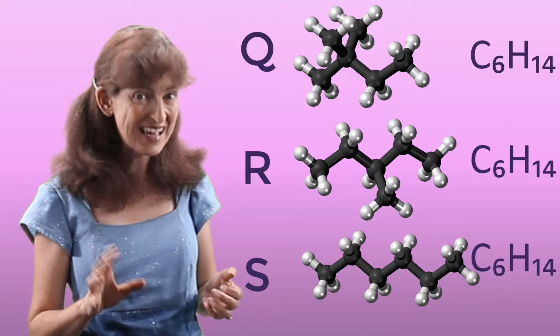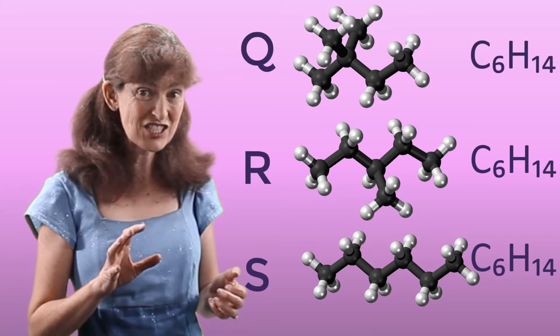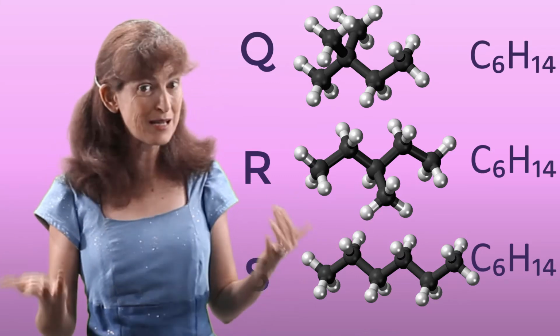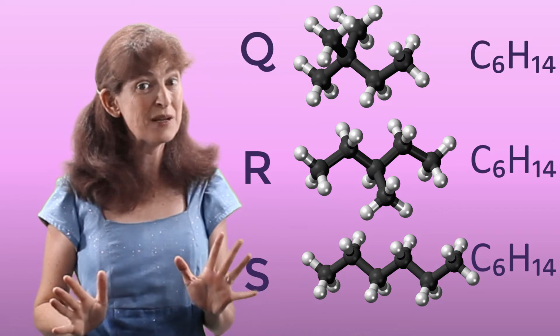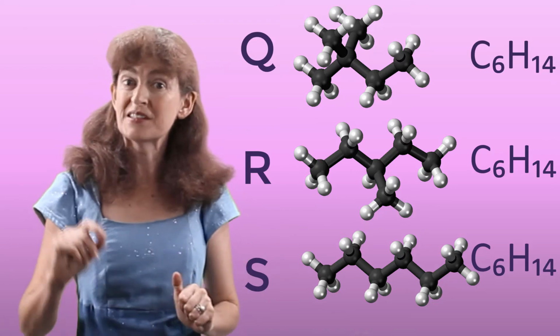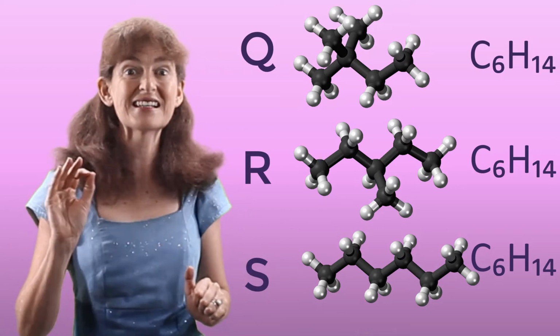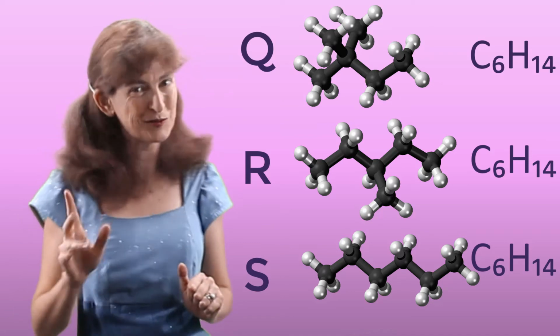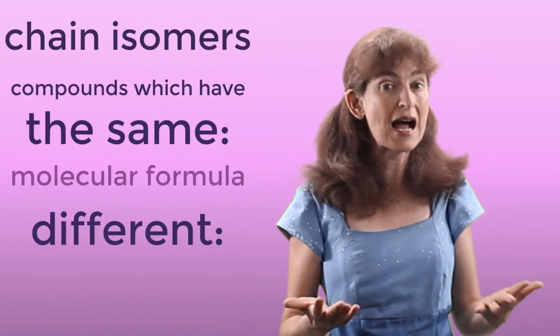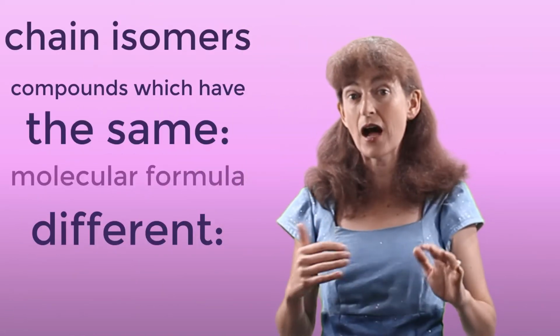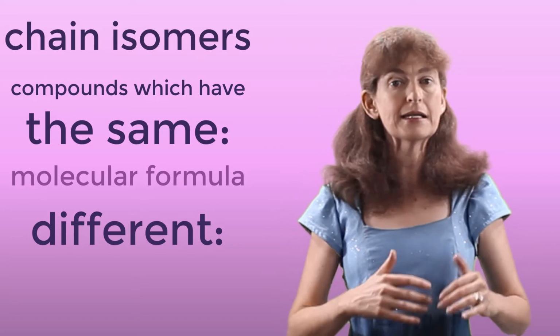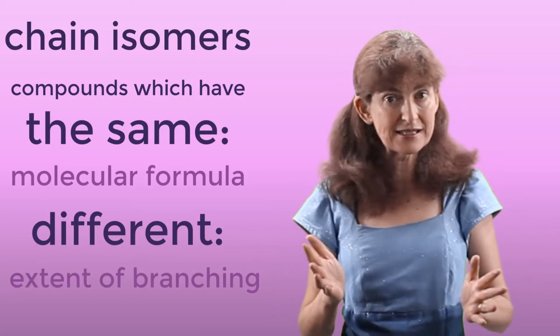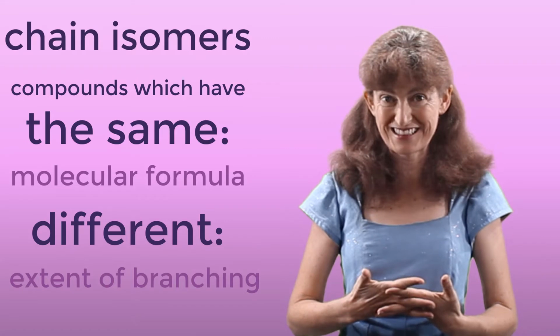What is it? C6H14. But they're not the same substance, even though they have the same molecular formula. That's because they're isomers. Isomers have something out of common too. These are chain isomers. So the thing that they have out of common with one another is the extent or even presence of branches.